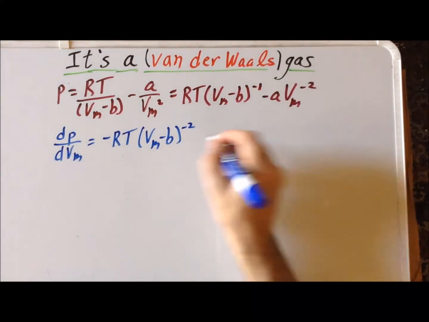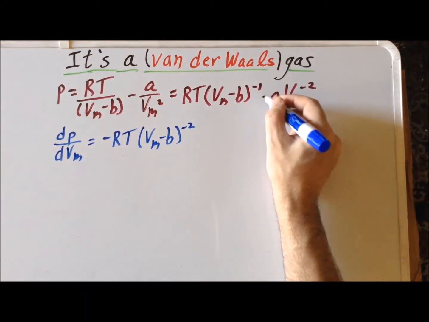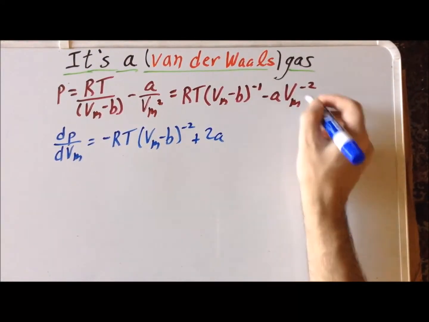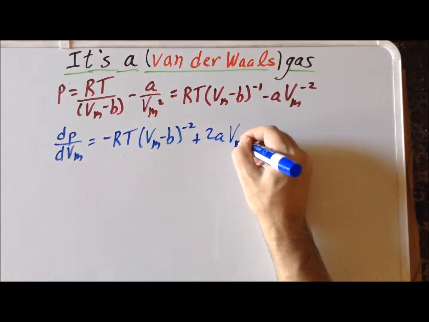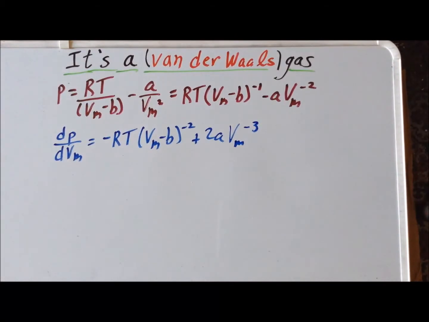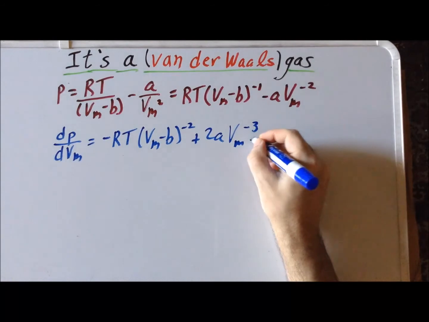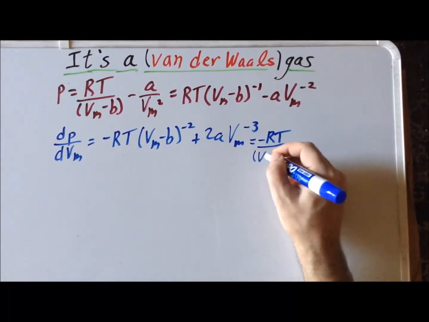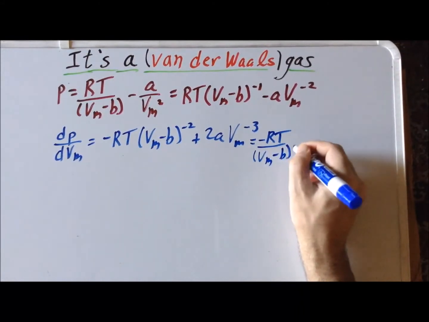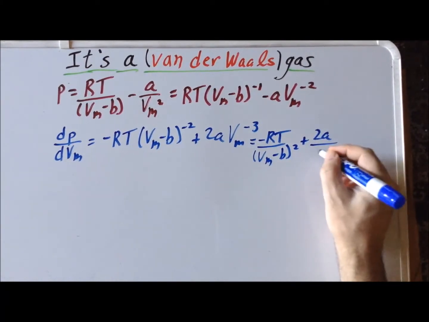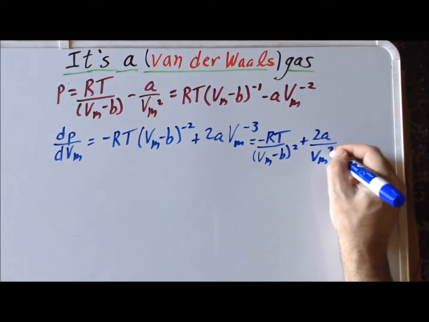For the second term, the minus 2 multiplies the minus sign in front, so we get a plus 2 times a, and then we decrease the exponent by 1, so it goes from minus 2 to minus 3. This is exactly equivalent to minus RT divided by the quantity V sub m minus b squared plus 2a divided by the molar volume cubed.